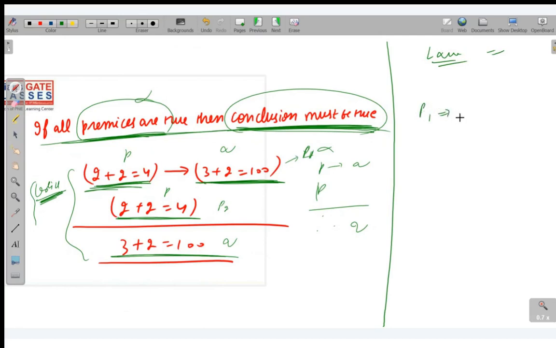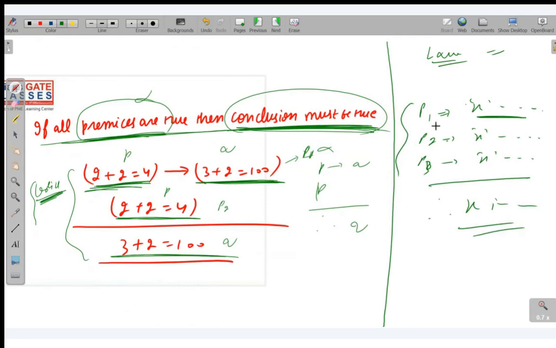Person number 1 is saying that person X has done the murder, and so on. He came to the court and has given the statement. Person 2 has come and he is also saying that X has done the murder. Person 3 is coming and he is also saying X has done the murder. Everyone is saying like this. So finally what will the judge do? The judge will say, okay, all the premises are true, so therefore he will conclude X has done the murder.